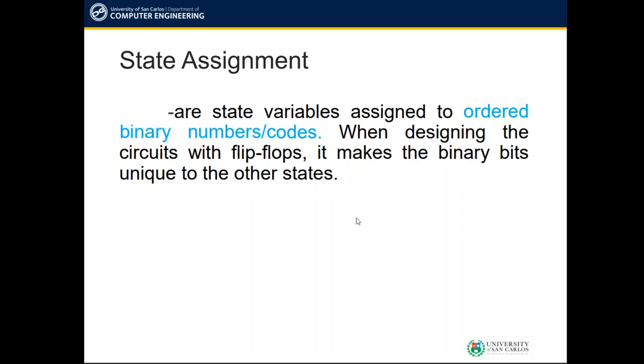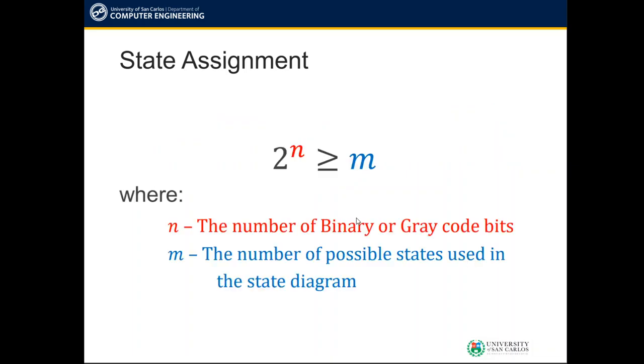It is not just limited to binary numbers, but also binary codes such as gray code, unique ones, or unique zeros. You can use this equation above to identify the number of binary bits n to be used, where m is the number of possible states in the state diagram.